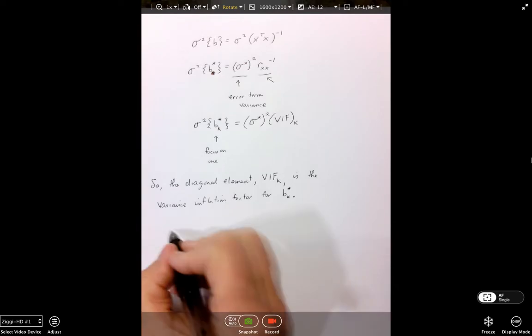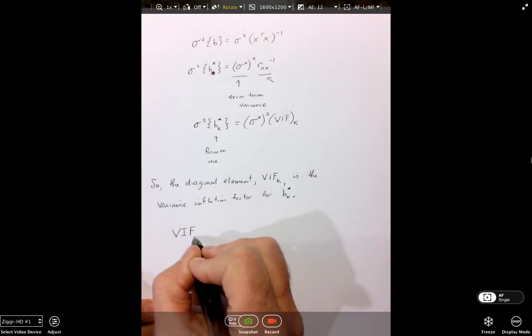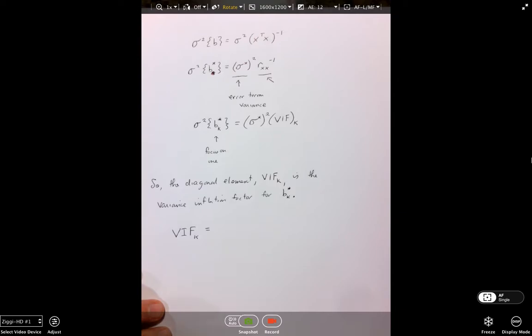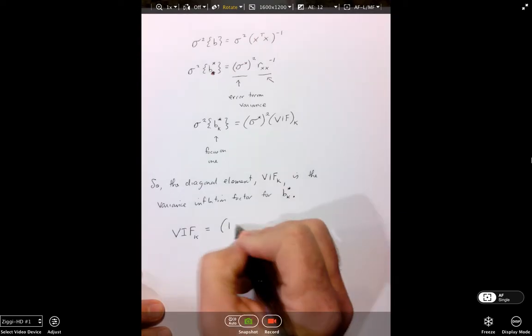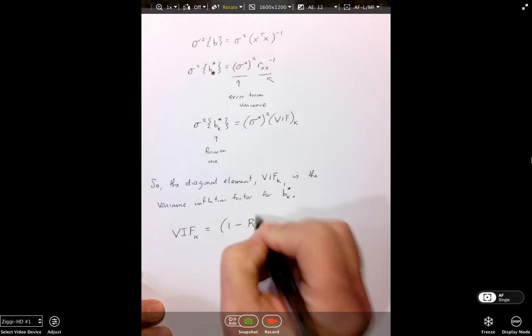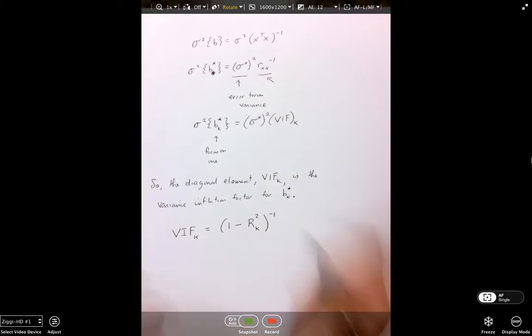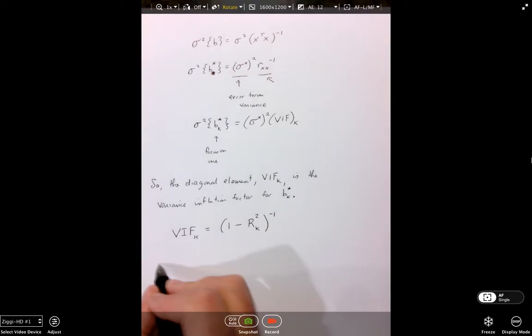Guys, we can show, and I'm not going to do this, and I'm not even going to require you to do it, that the variance inflation factor for the kth predictor is 1 over 1 minus the coefficient of multiple determination when x sub k is regressed on the other variables. Now, this is kind of weird.